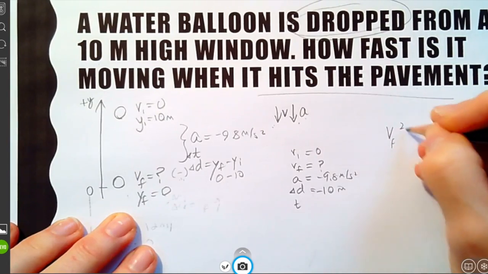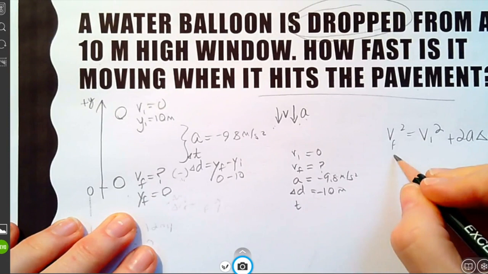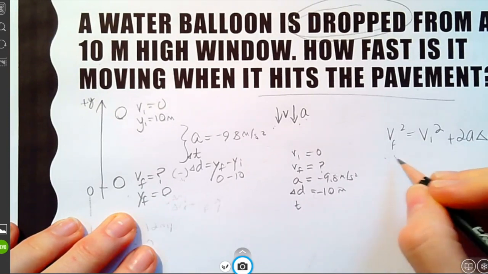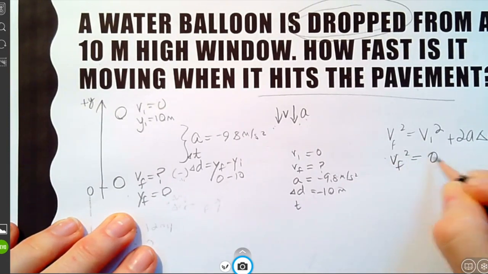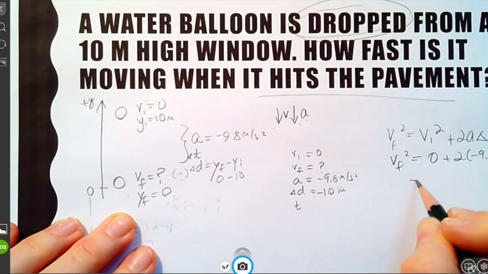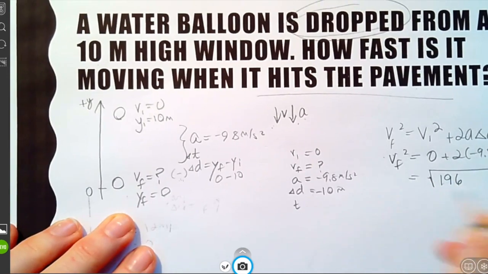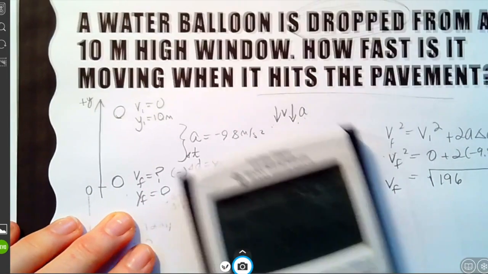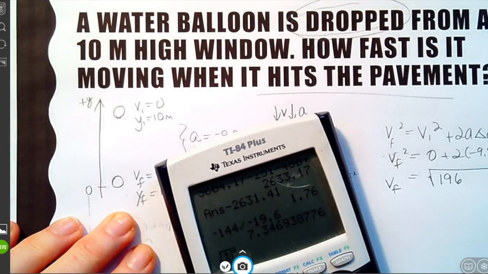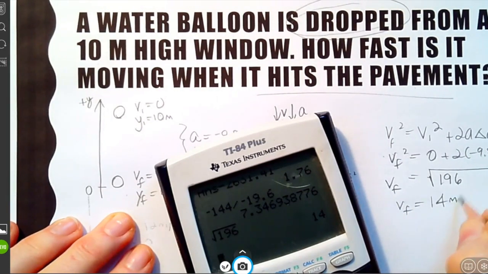So I'm going to use this equation. It's going to be v final squared that I'm solving for. This is 0, 2, negative 9.8, and negative 10. So I'm going to do the square root of 196. The square root of 196 is going to be 14 meters per second.